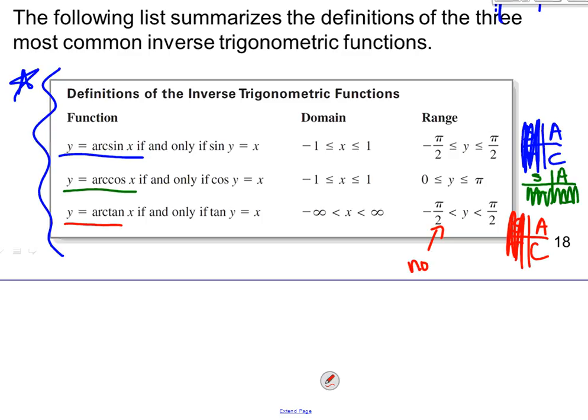We're not including the endpoints, because that's where there are asymptotes, and the tangent is undefined in those.